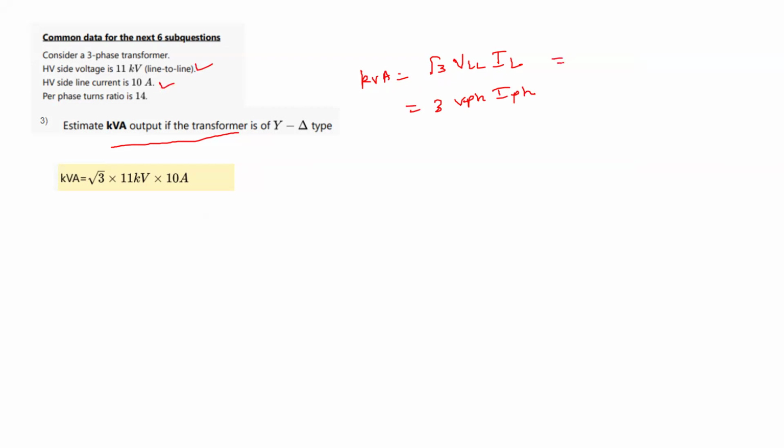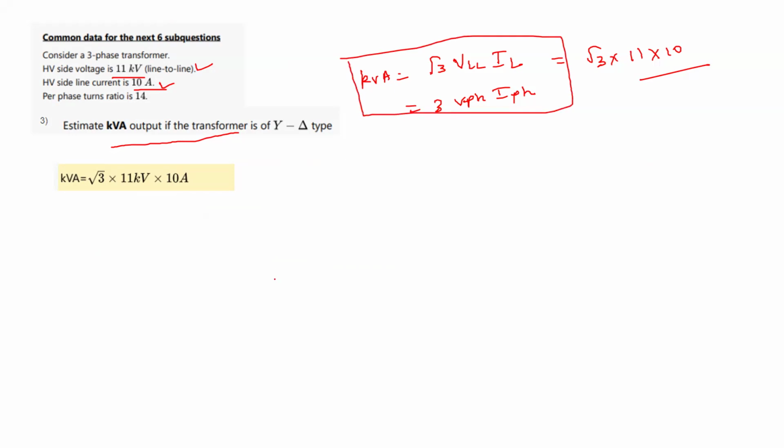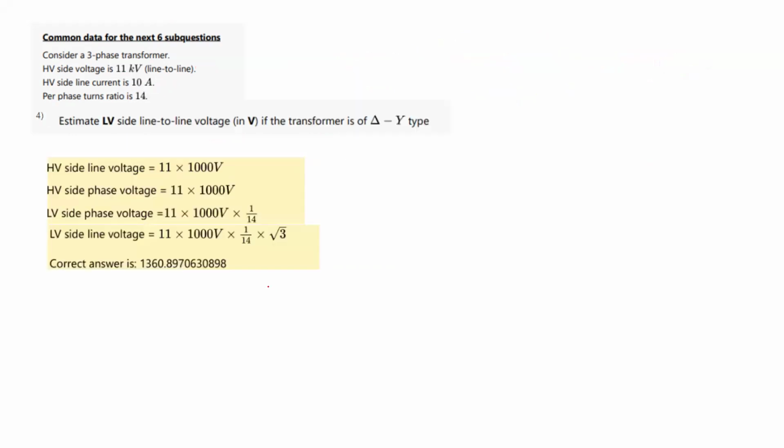We have seen that whether it is on the HV side or LV side, the kVA is the same. So this is root 3 times 11 into 10, very straightforward. You see, 11 kV line to line, 10 ampere line current. So this is the kVA rating. Now let us go to the next question.